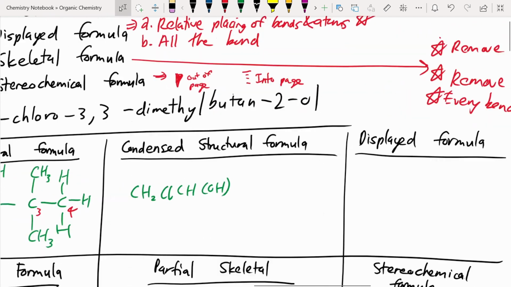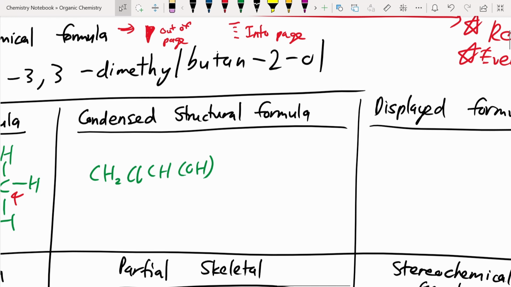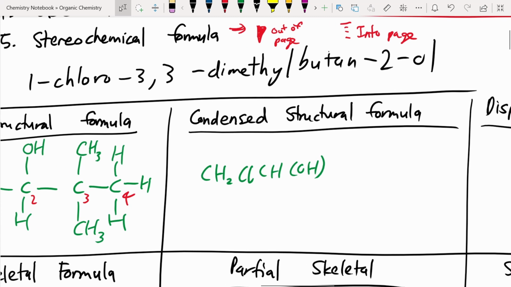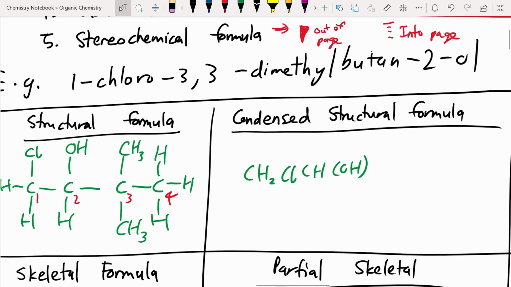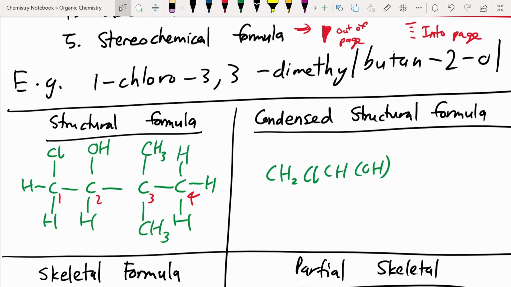And you can leave out the bracket for some cases. So for example if the OH group is at the end of the carbon chain, like the OH here, then you can leave out the bracket when you write OH at the end. My bad.